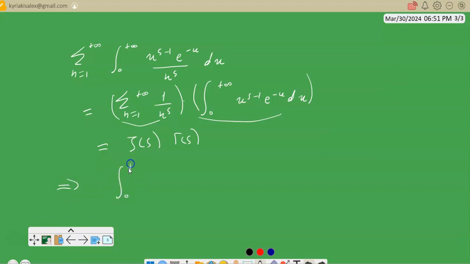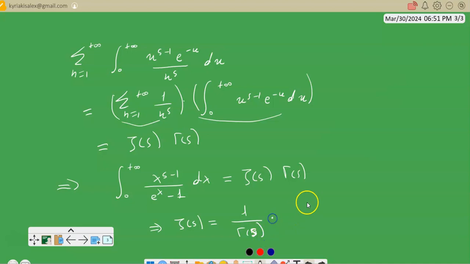The integral from 0 to infinity x to the power of s minus 1 divided by e to the power of x minus 1 dx equals zeta function of s times gamma of s. I solve with respect to the zeta function, and I have 1 divided by gamma of s times the integral from 0 to infinity x to the power of s minus 1 divided by e to the power of x minus 1 dx.